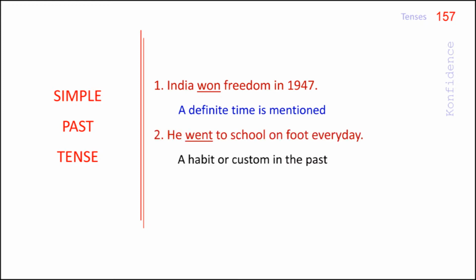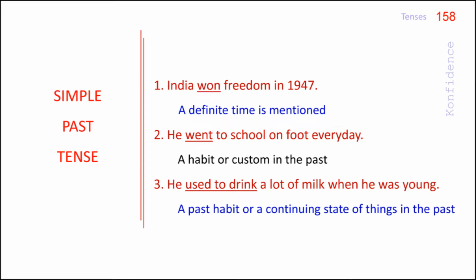This tense is also used to express a habit or custom in the past. The second sentence is an example for this. In the past, every day, the subject he did the action, that is, going to school, repeatedly. Now look at the third sentence.